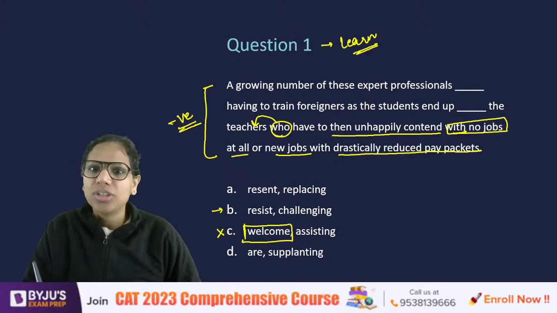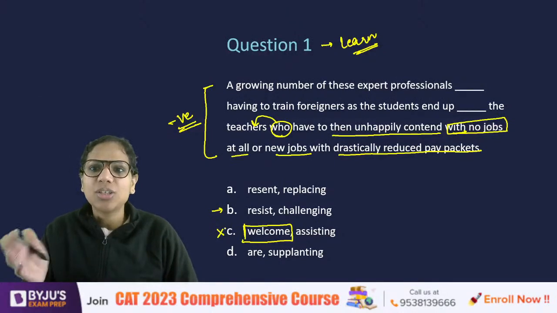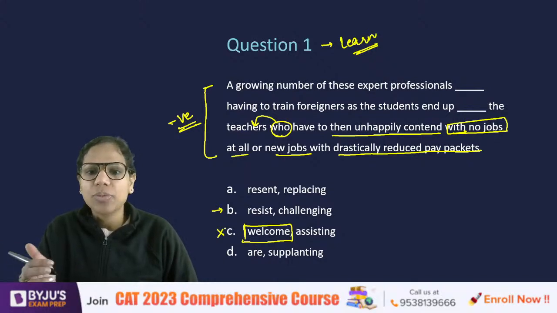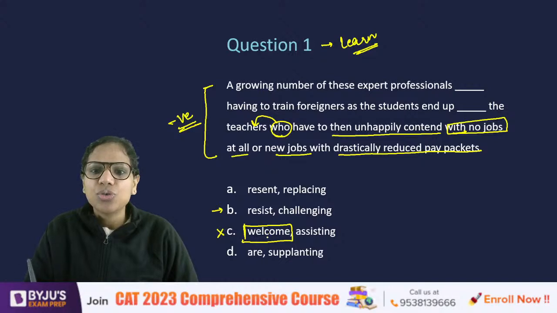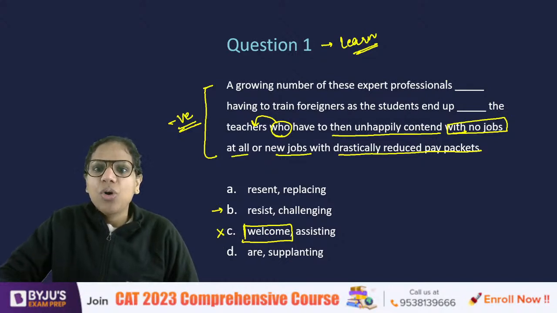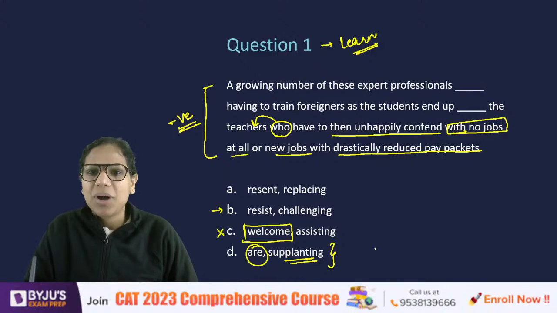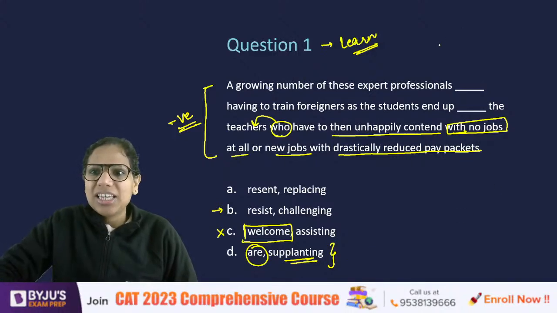So they won't welcome this. If they are the ones who are being replaced, the ones who are being left with no jobs or reduced pay packages, they will not welcome this. So welcome eliminated. Now, are having to train, supplanting. Why not D? Is this construction correct? Are having to train.